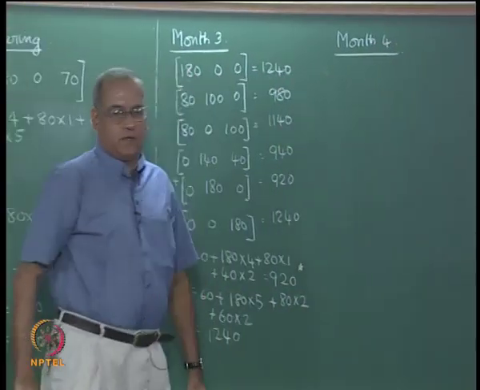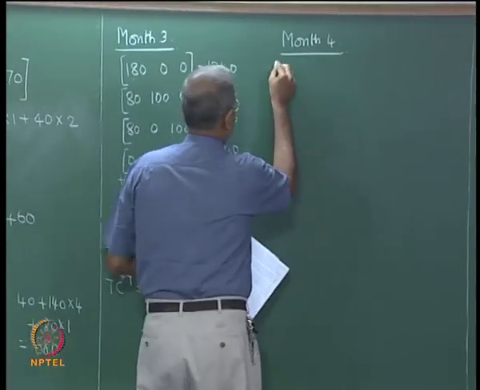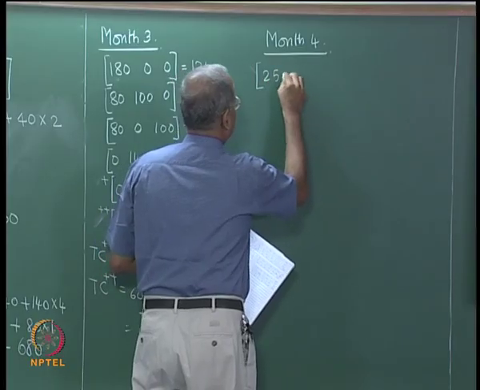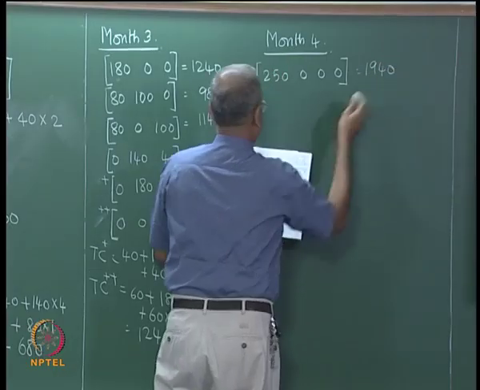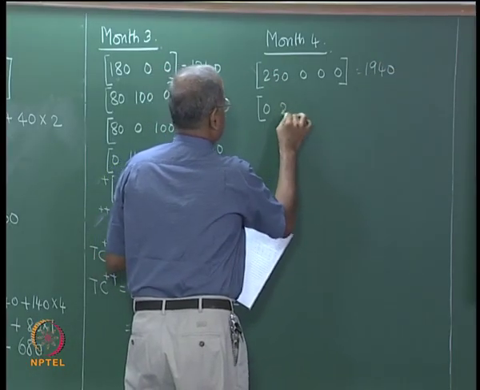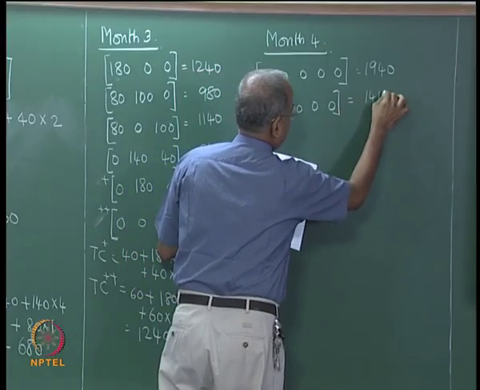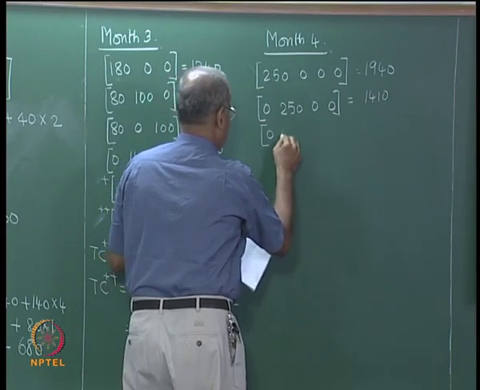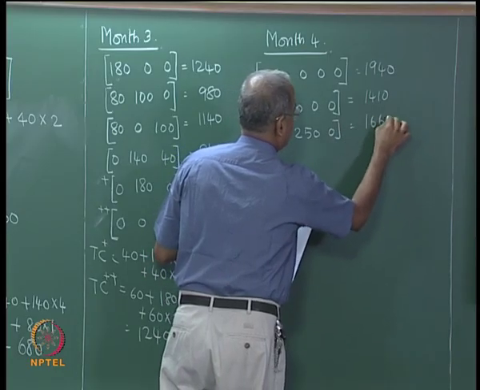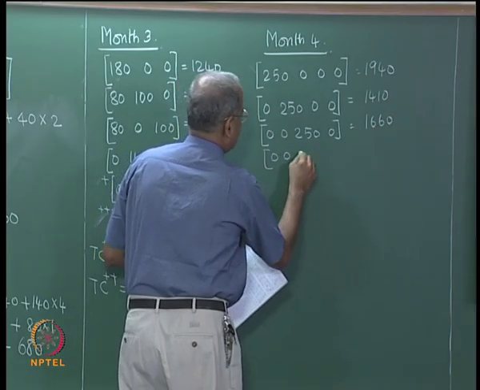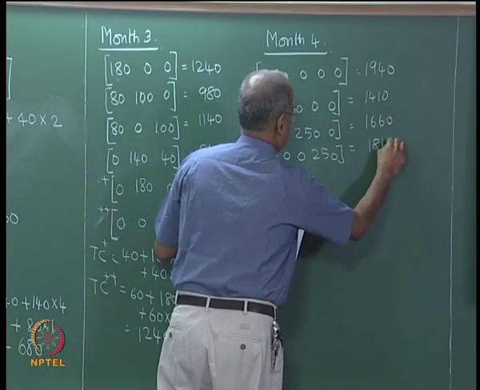Now, with month 4 we work out several combinations and these are shown here. So, we could do 250, 0, 0, 0, which is 1940; 0, 250, 0, 0, 1410; 0, 0, 250, 0, 1660; and 0, 0, 0, 250, which is 1815.